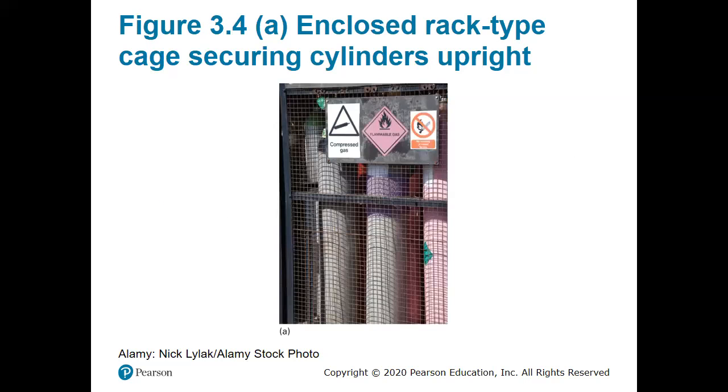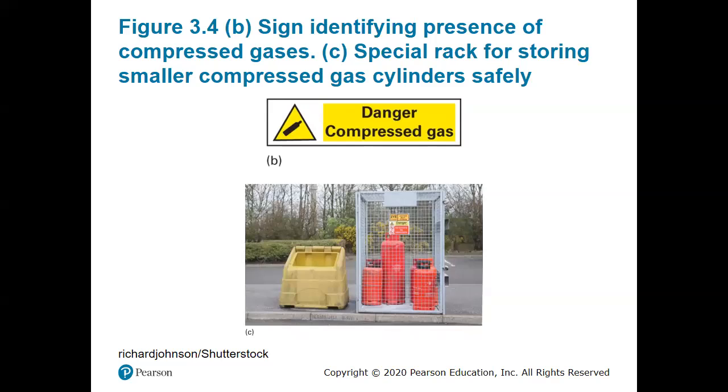So here's an example. This is a rack-like cage. So this is one way that you can store compressed gases, is using an external cage like this. And so in the place of a strap, basically you've got a door that closes there to keep them contained. There are other means that are similar.